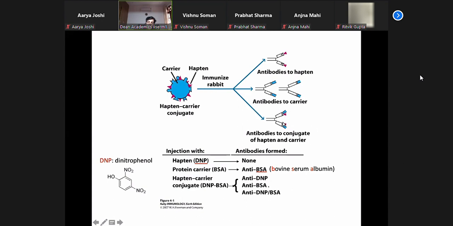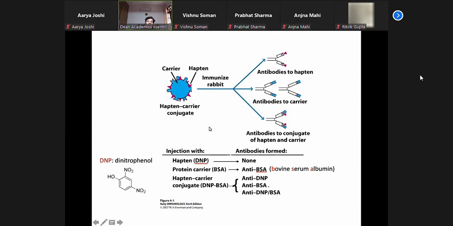In addition, you will also generate antibodies against conjugates. Conjugates means the specificity of this antibody will be against both the epitope coming from the carrier protein and some epitopes coming from the hapten molecule. So you will generate 3 types of antibodies.